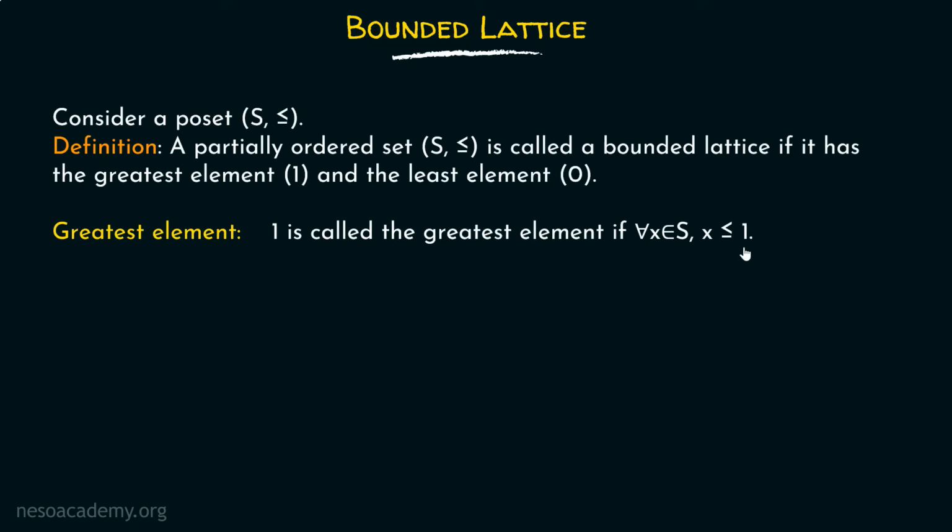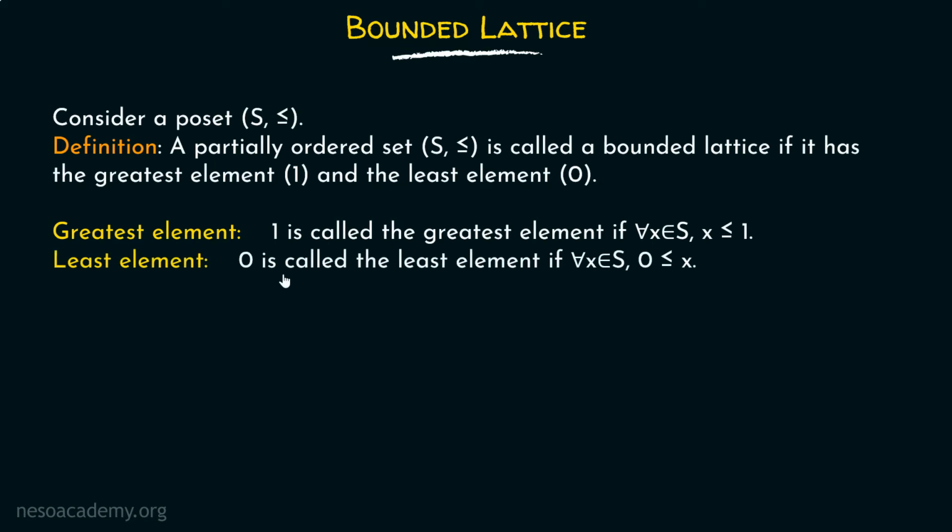And here 1 can be any element of this particular set S. Always remember that, okay? 1 is nothing but some element of set S. And this element is called the greatest element if for all x belonging to S, x is less than or equal to 1, or x is related to 1. Now what about the least element? 0 is called the least element if for all x belonging to S, 0 is related to x, right?